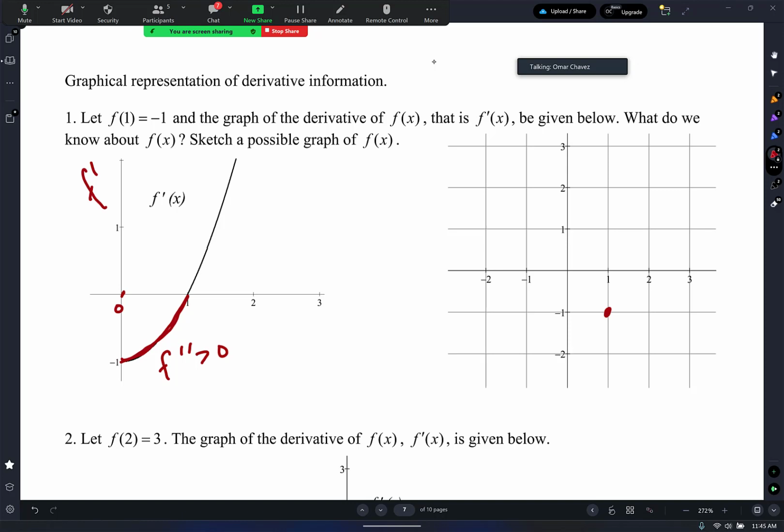Or you can also say because f prime is increasing. Does that make sense? Okay, cool. So from x equals 0, it doesn't tell me how much, so start anywhere, but make it go decreasing. Did they give me an f of 0? No. Decreasing and concave up. So I'm going to go like this, guys.